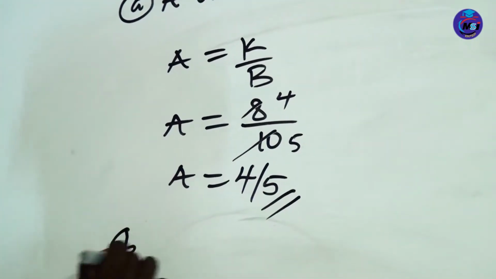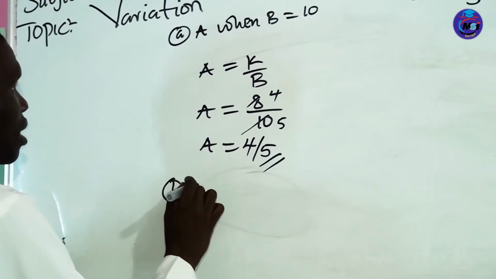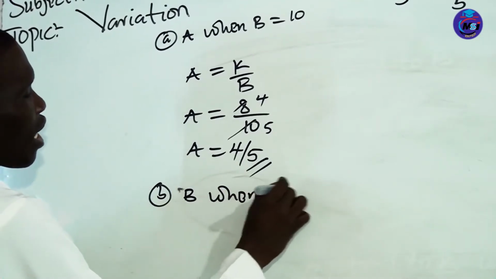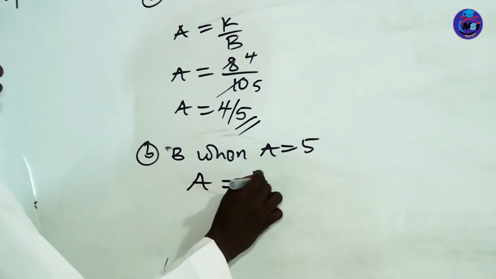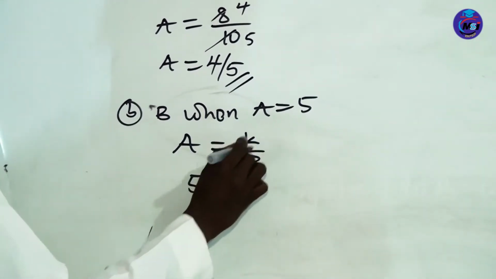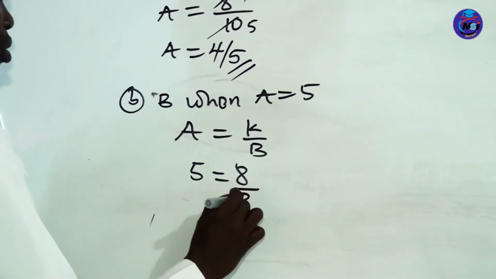Now let's look at B. To find B when A equals 5. So you repeat, A equals K all over B. A is 5, K is 8, and B is not known.